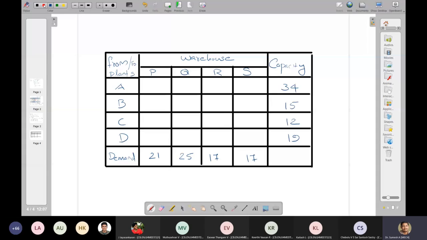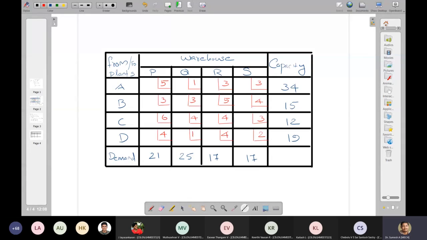So the cost of transportation is 5, 1, 3, 3, then 3, 3, 5, 4, 6, 4, 4, 3, 4, 1, 4, 2.